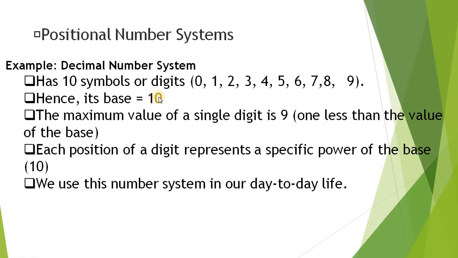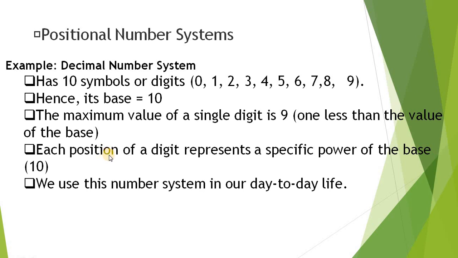So 1 less means 10 minus 1, which is 9. So 9 will be the maximum digit allowed in this decimal number system. It starts with 0, 1, 2, 3, and so on up to 9. The maximum value of a single digit is 9, that is 1 less than the value of the base.